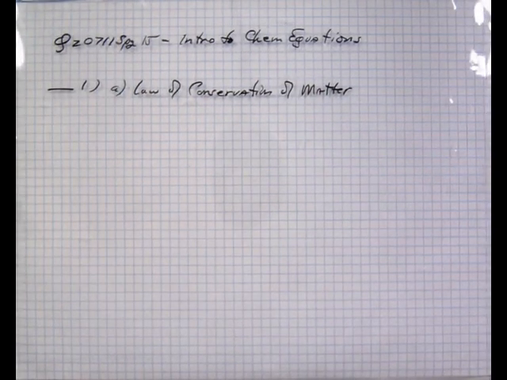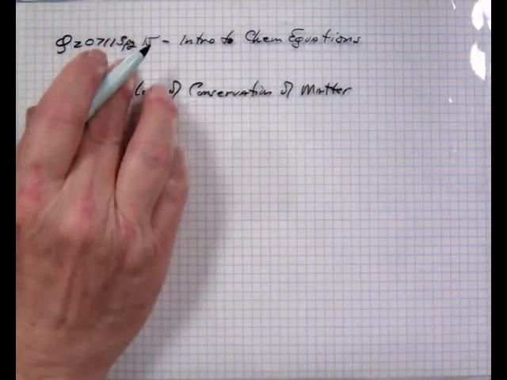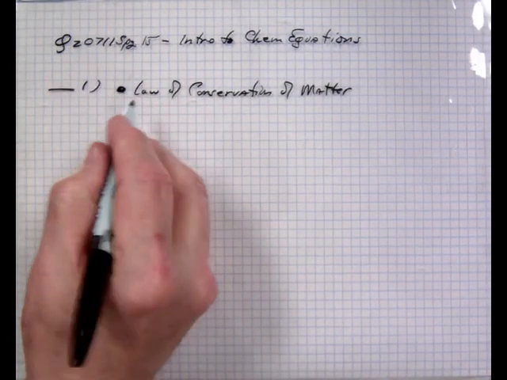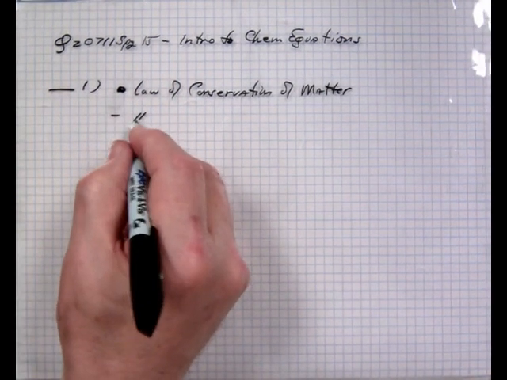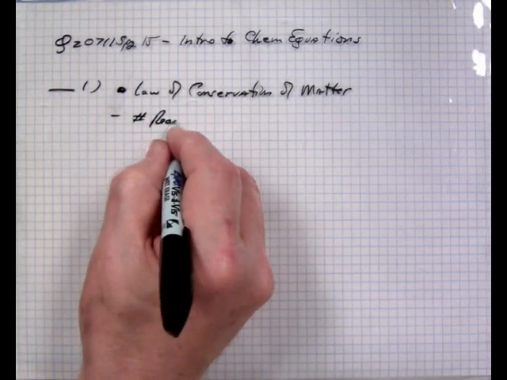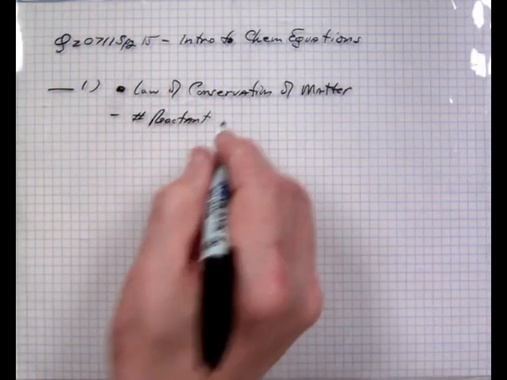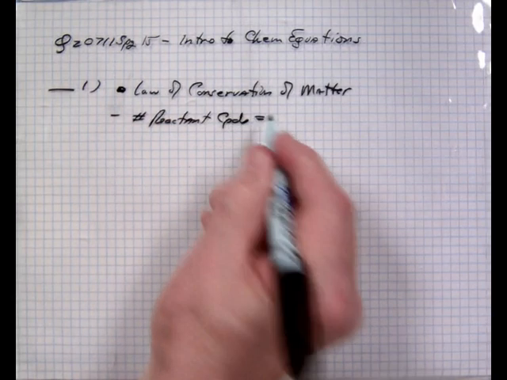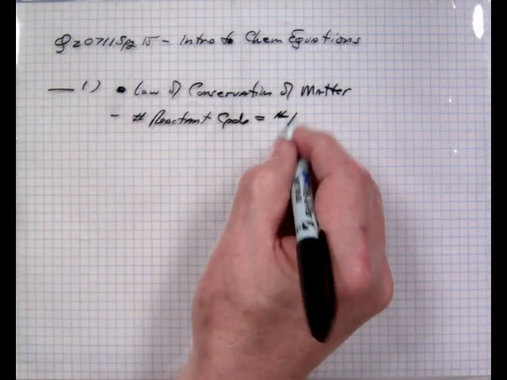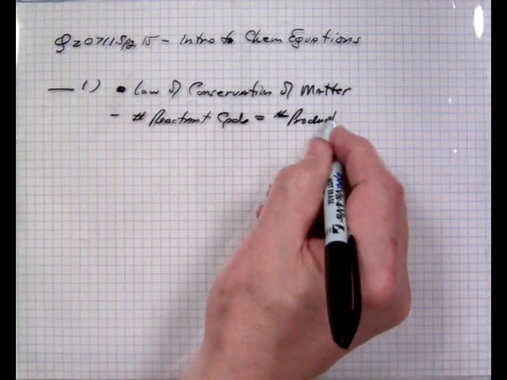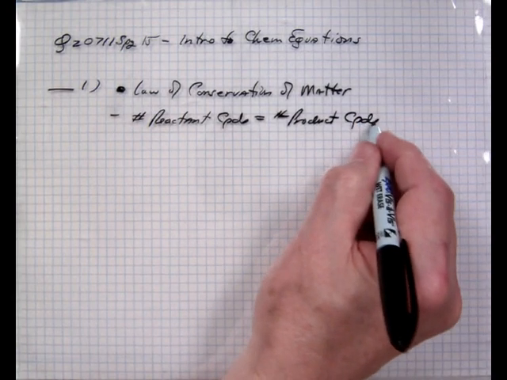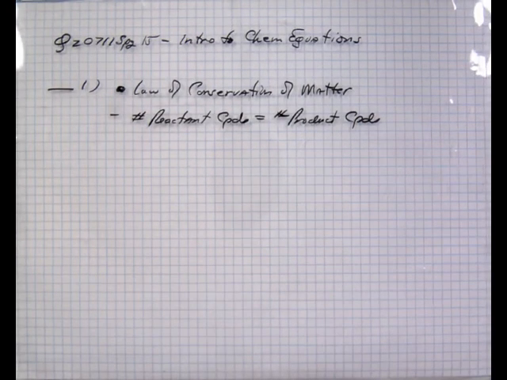The statement is the number of reactant compounds equals the number of product compounds. To some, this is a misconception. In the context that I placed it, this is not true.